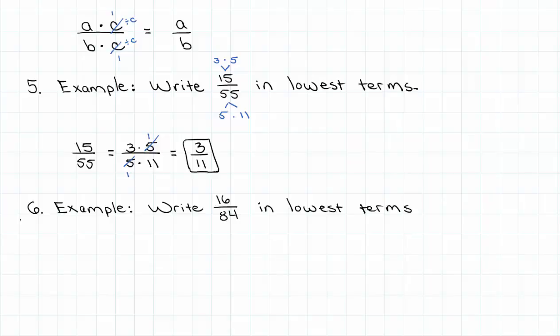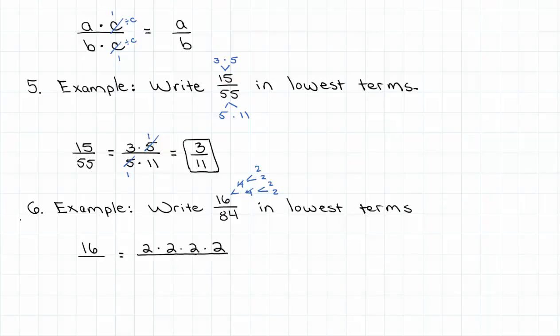The first thing we're going to do is factor out the 16. I know that 16 is the same thing as 4 times 4, and 4 is 2 times 2, and 4 is 2 times 2. So the prime factorization of 16 is 2 times 2 times 2 times 2.